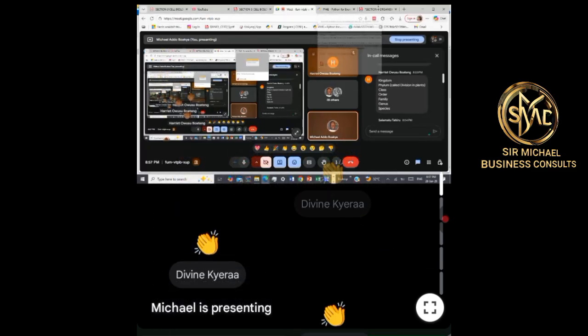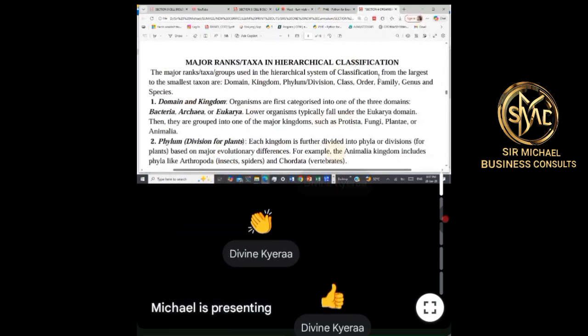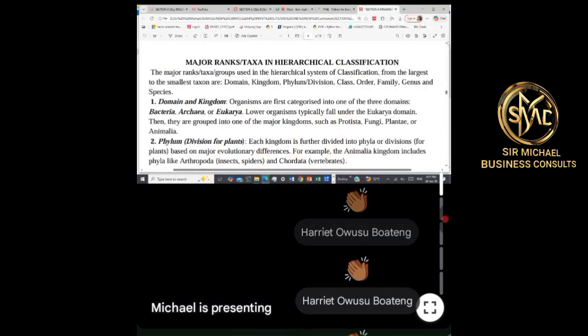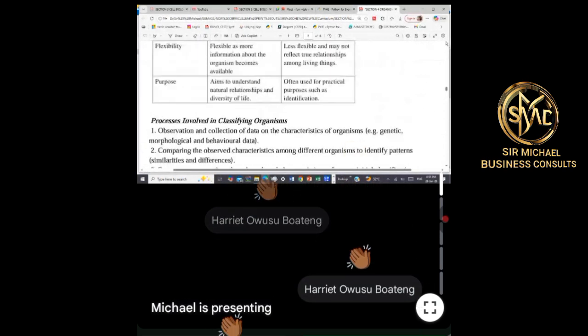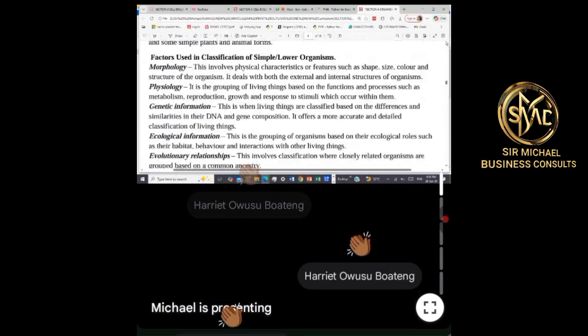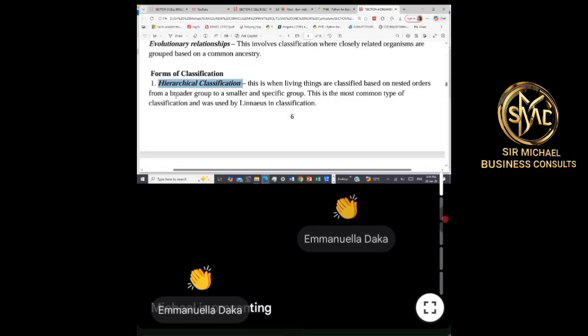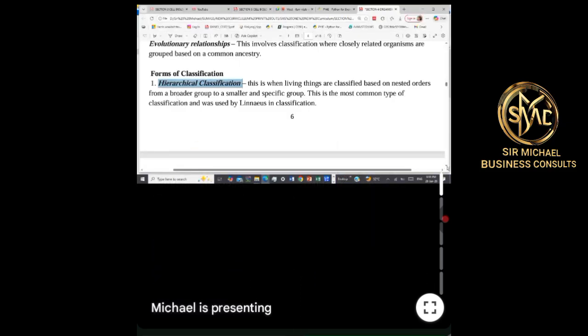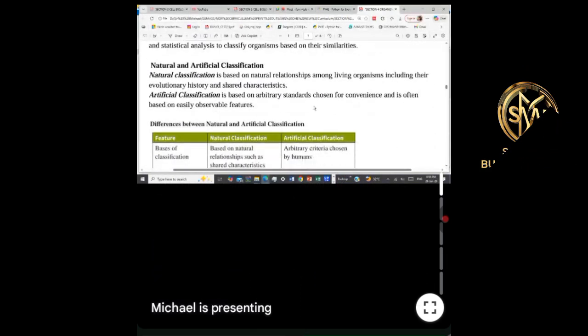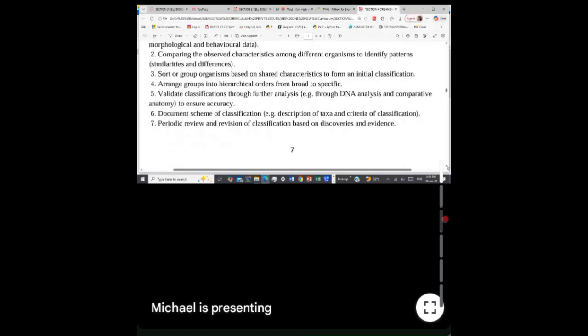Let me show it to you. So we are done with the classification. We will talk about the major ranks and taxa. Before that, we will look at the subsection on forms of classification. We are done with that. We will look at natural and artificial classification and the features that we will talk about there.